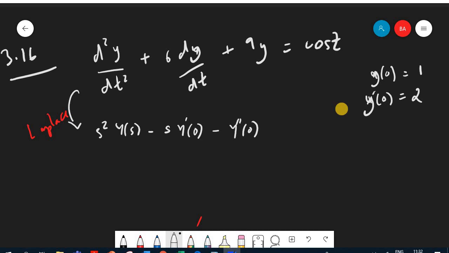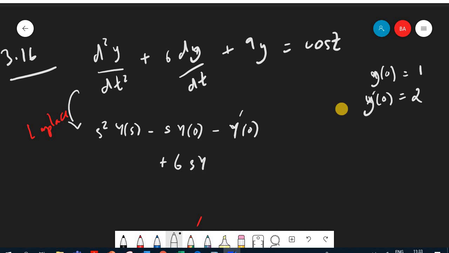I don't have y double prime of 0 here, so I think we are getting some kind of challenge. Okay, I made some mistake here. So this is minus s y of 0, and then minus y prime of 0. That is the first part, and then plus 6 dy by dt.